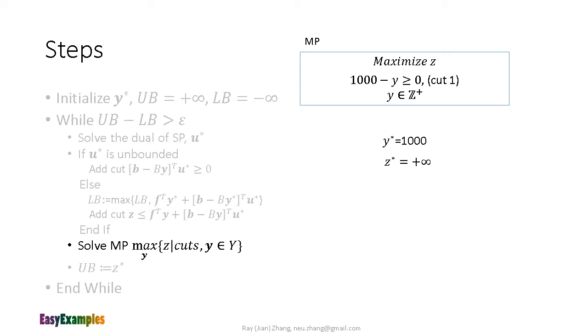So we randomly choose the y star to be $1,000, and the objective value is positive infinity. The upper bound equals z star, so far it is still positive infinity. Because the gap between the upper bound and lower bound is infinity, we continue the iteration.